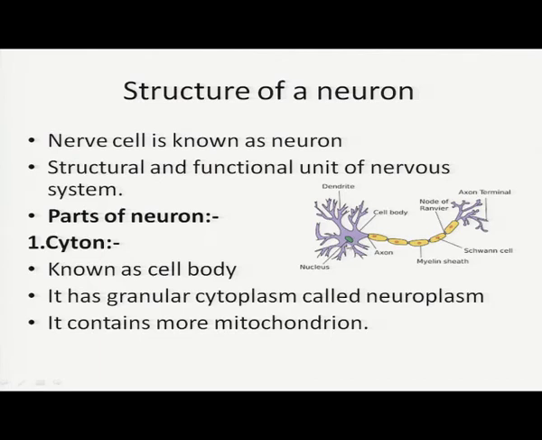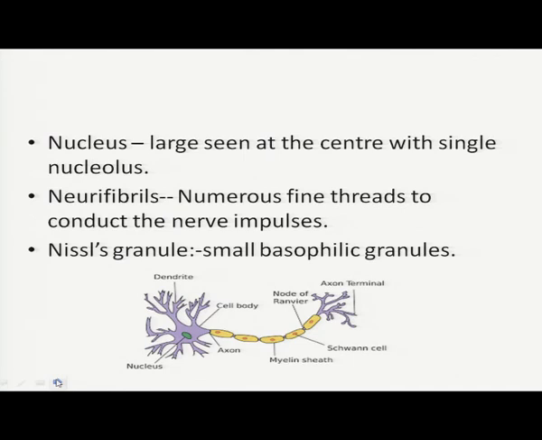It contains a large number of mitochondria. Then you can see a single large nucleus at the center of the cytone. Then numerous fine thread-like structures present in the cytone, which help it to conduct nerve impulses, are known as neurofibrils.